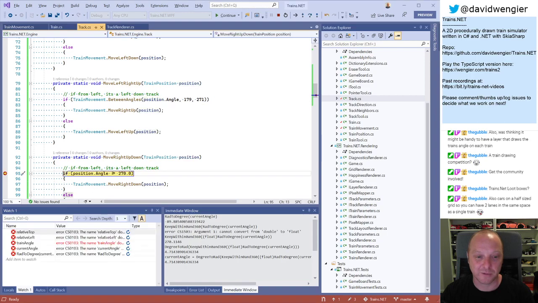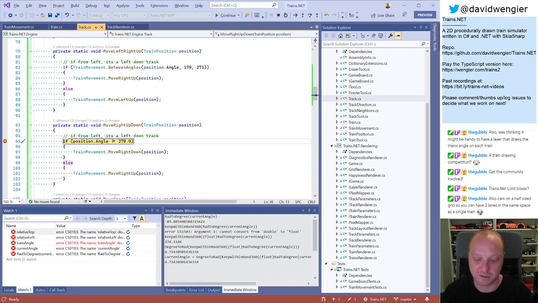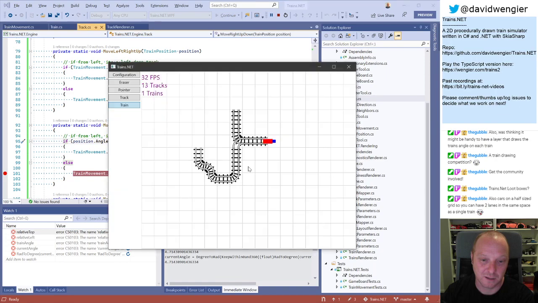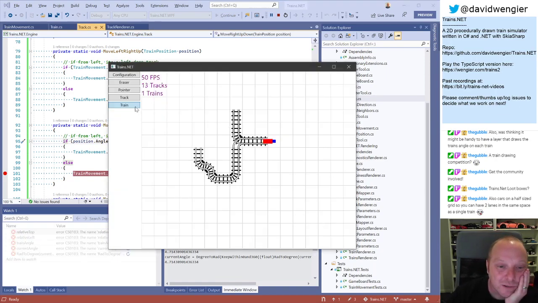This angle should be 270. It is. It should now increase. It does. Of course that worked. Is it the corner? Maybe you were right. Maybe it is the corner.